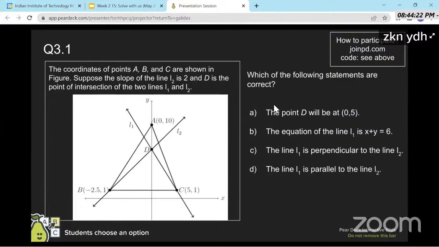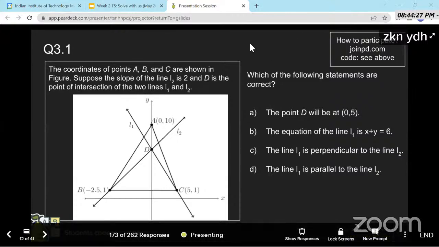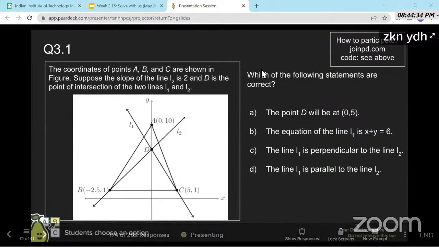Yes, sir. So you should smartly choose options. Sir, just one question for the NAT questions. Will there be multiple answers or a single answer? NAT is numerical answer type. So if there are multiple answers, let's say you get answers like 4, 5, 6, 7, 8, 9, 10, then we might ask you to enter a single answer.